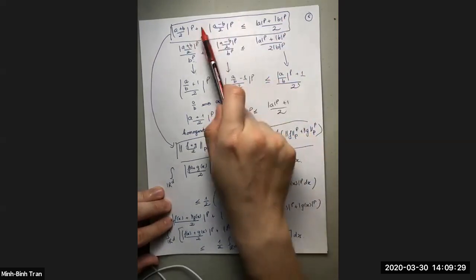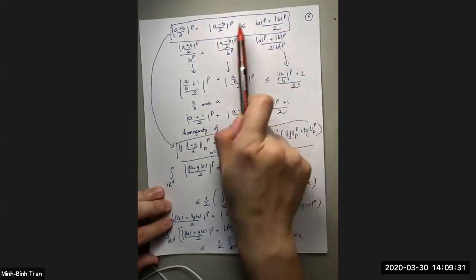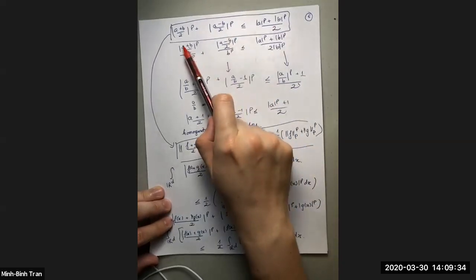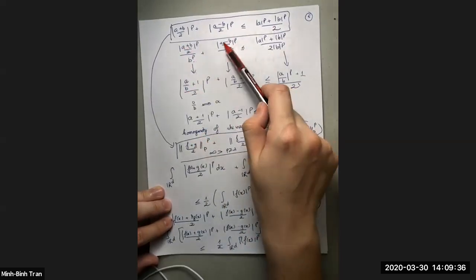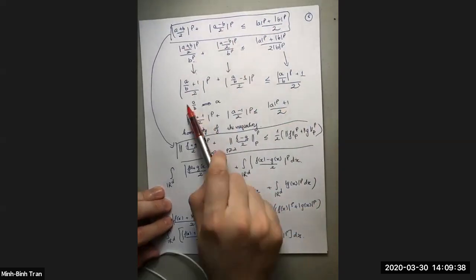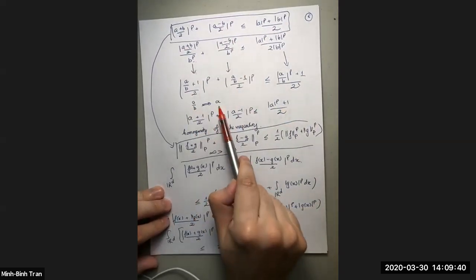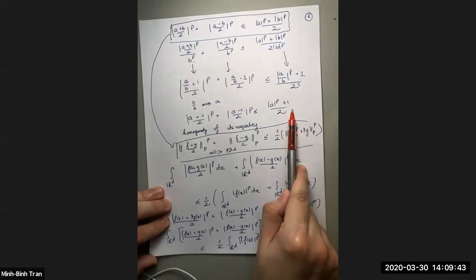Why? Because you can divide both sides of this inequality by the power p, and then here you reduce to a to the b, and here you reduce to a to the b. You replace a to the b by a, and then you get the second inequality.